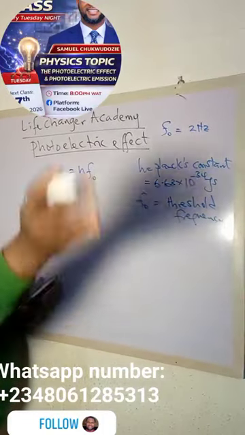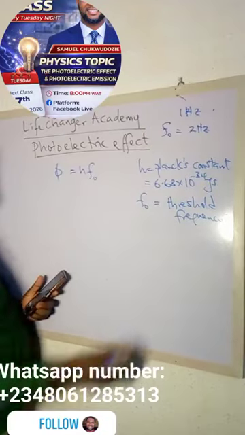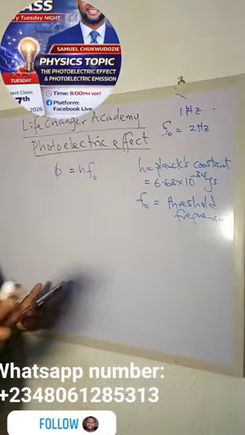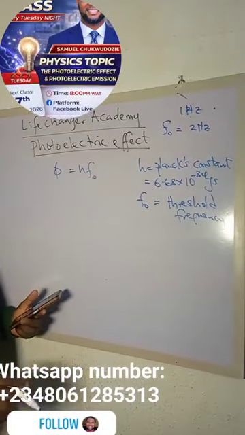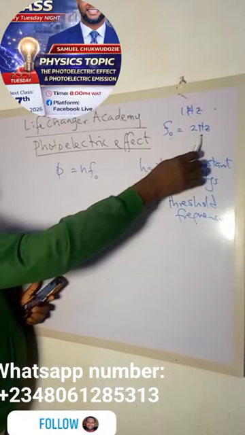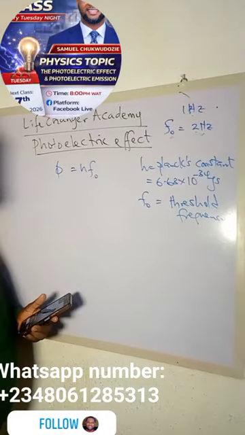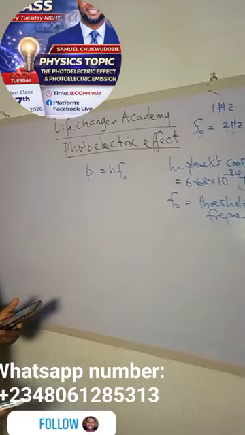If the frequency of the light that falls on the metal is just 1 Hz, that means emission will not occur because it's lower than the threshold frequency. That means for emission to occur, the frequency must be equal to the threshold frequency or greater than the threshold frequency. I hope that explains that.